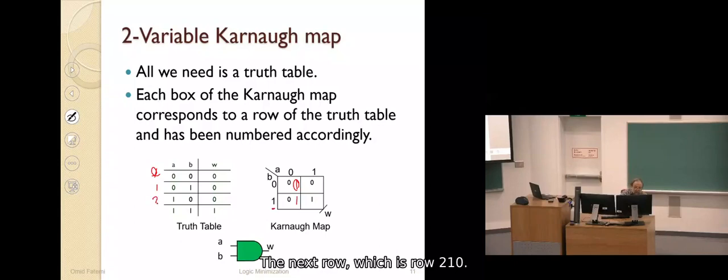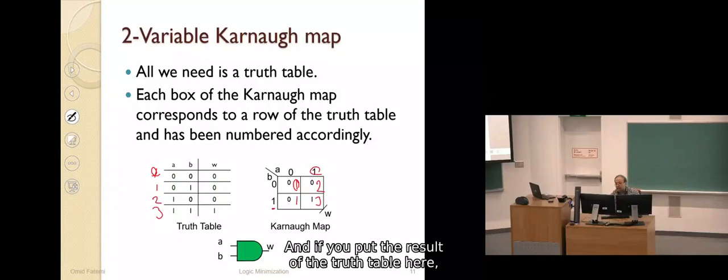The next row, which is row 2, is 1, 0. A is 1, B is 0, so this is cell number 2. And the last one is 3, and this is cell 3. If you put the result of the truth table here, we have 0, 0, 0 here, and we have 1 for cell number 3.